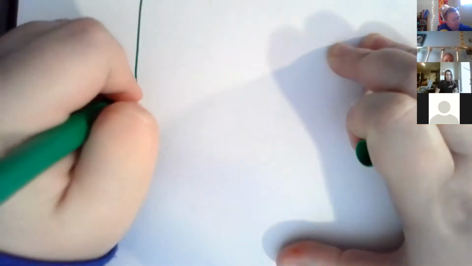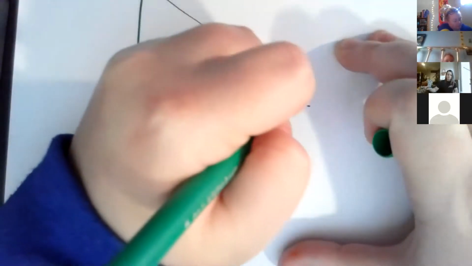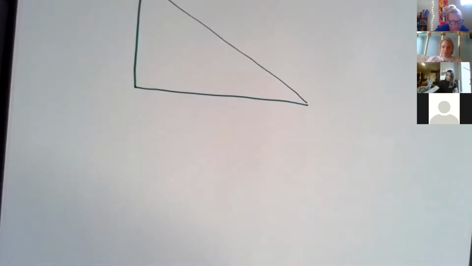They have this picture. They're talking about a surveying question, finding the height of an island.